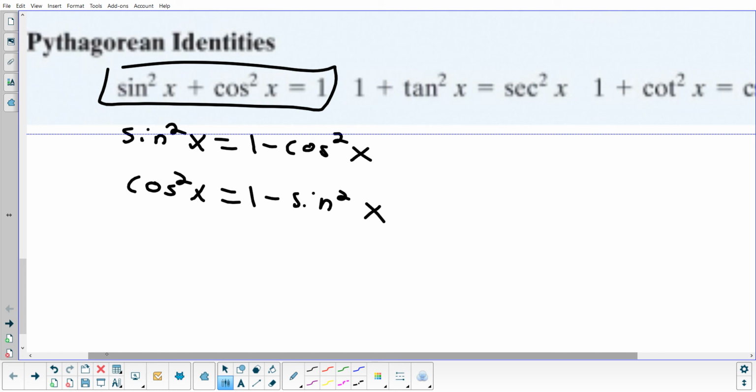And what we're going to do with these formulas is basically like substitution. You're going to be given a problem, and you try to plug in something that makes it simpler than what you started with.